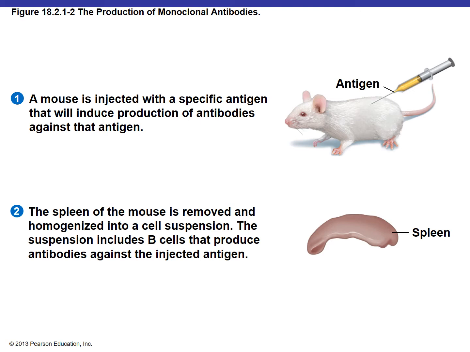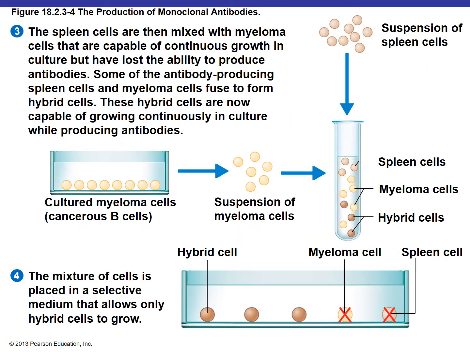You will get from this spleen several B cells that produce antibodies against epitopes for the particular antigen that was injected. Now remember, each one of these B cells is only going to be producing one type of antibody, the monoclonal antibody.